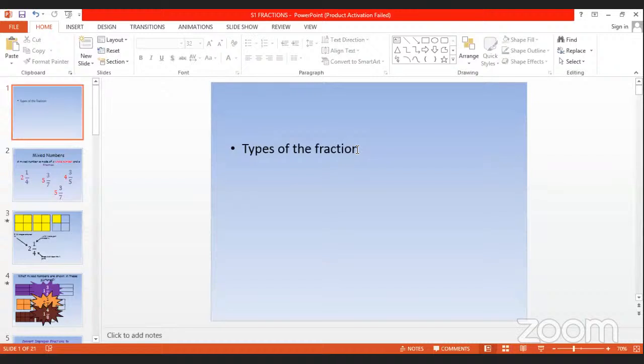Another one? Improper fractions, good. Proper fractions. So in our last class, we had looked at those given types of fractions in mathematics.